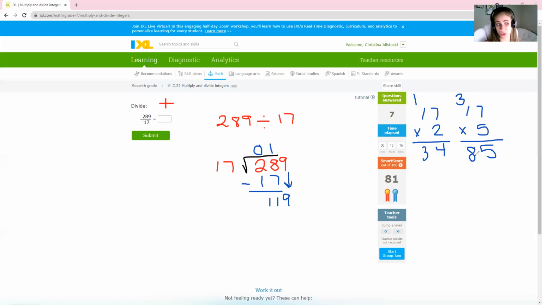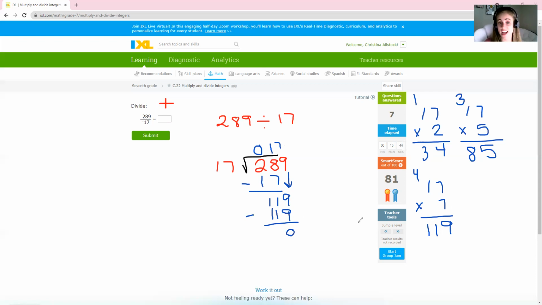That's lower, I have to go up, but it's not that much lower. So maybe I'll do 17 times 7 then. 7 times 7 is 49. 7 times 1 is 7, plus 4 is 11. Ooh, look at that. I found my winner. And I don't have any remainder.